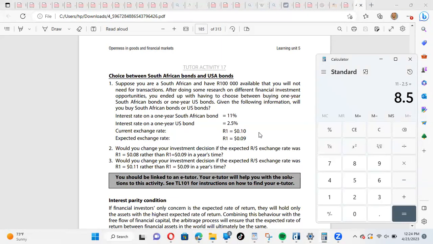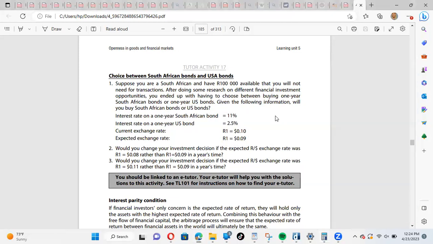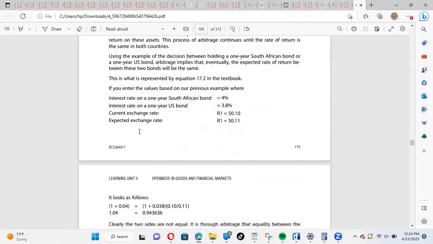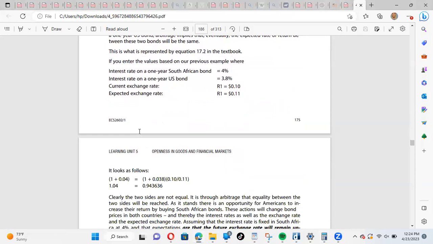So if your currency is expected to depreciate by anything more than 8.5, then don't go for the South African bond. But if it's less than 8.5, you can stick to the South African bond. That's the rule there, which is what we call the interest parity condition. That's basically what we've been discussing.